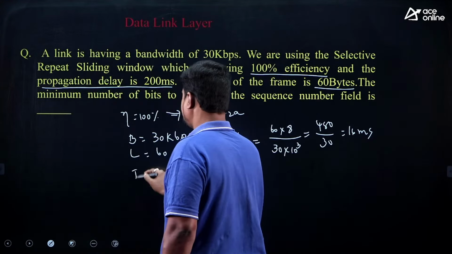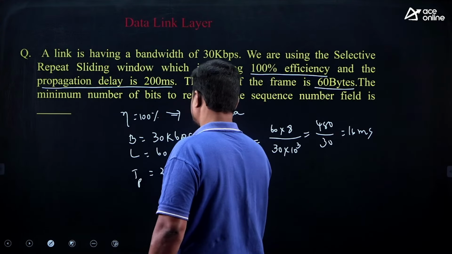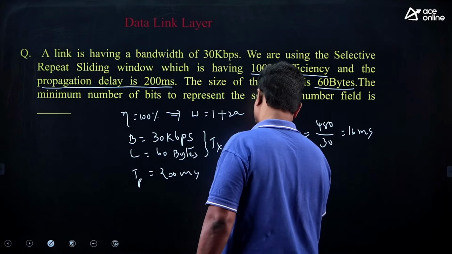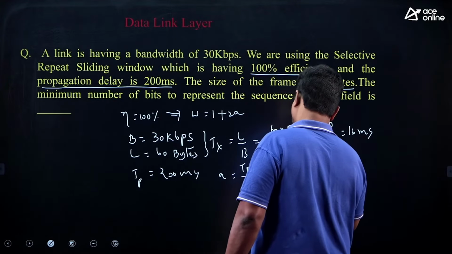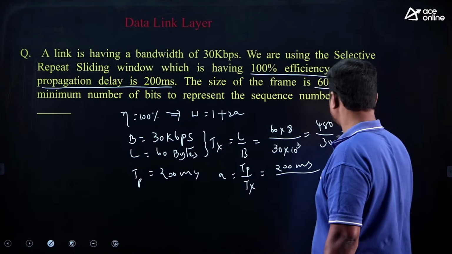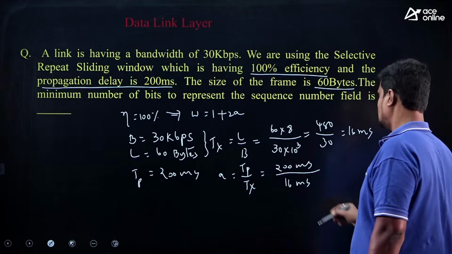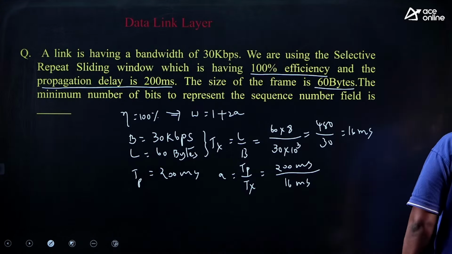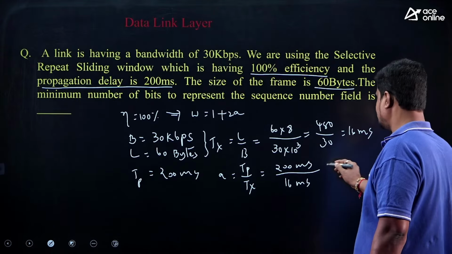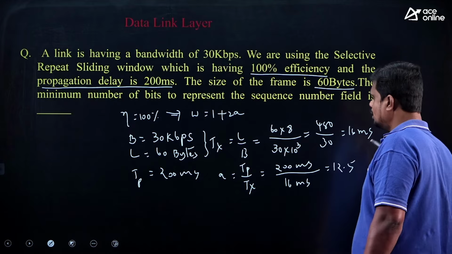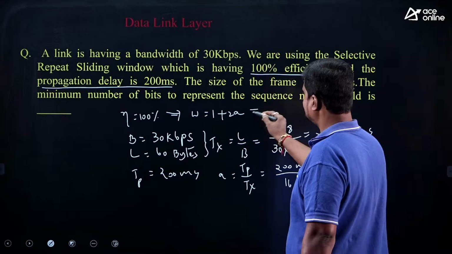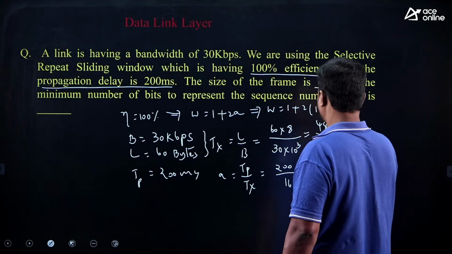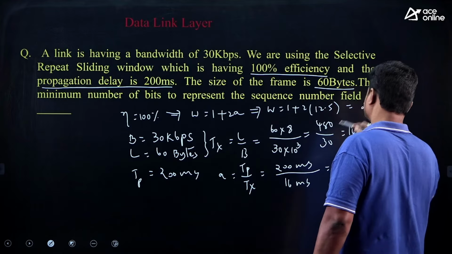Propagation delay Tp is directly given as 200 milliseconds. Then what can I calculate? A is equal to Tp by Tx. Tp is 200 milliseconds, Tx is 16 milliseconds. So 200 by 16, I am getting 12.5. Then substitute this A value here. So W is equal to 1 plus 2 into 12.5, which is 26.